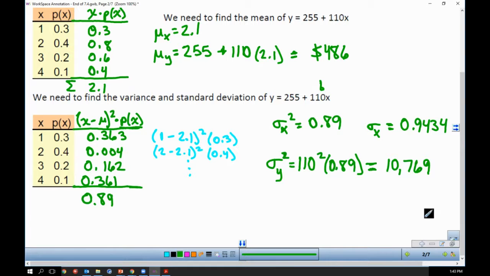Yes. Now, if we wanted to put units in, our units would be dollars squared. But does that make much sense? So we're going to need to square root this to get just the standard deviation of y. 103.77. So we're in dollars here. That's our standard deviation.